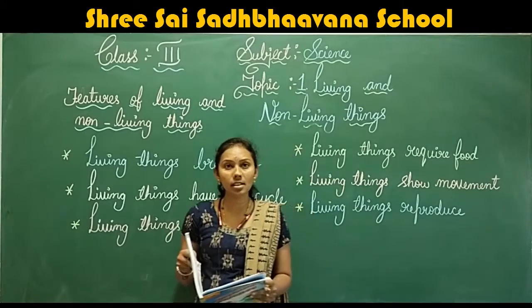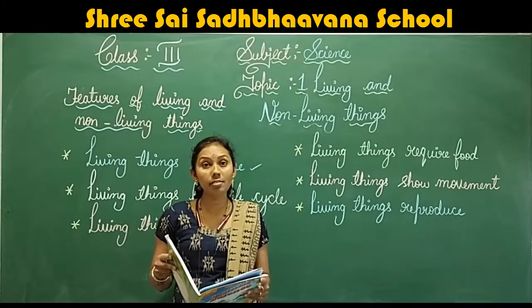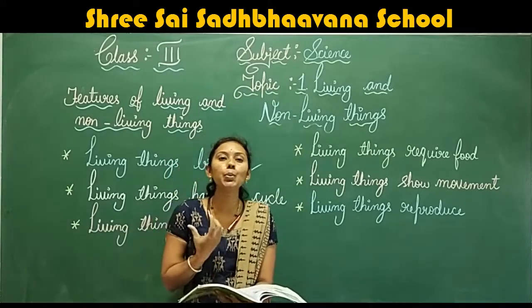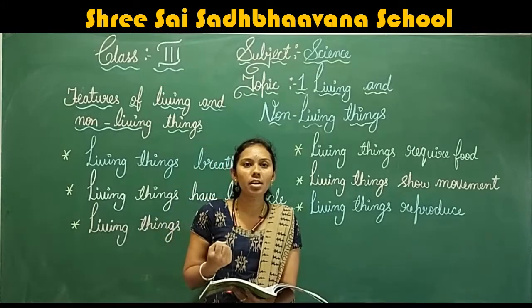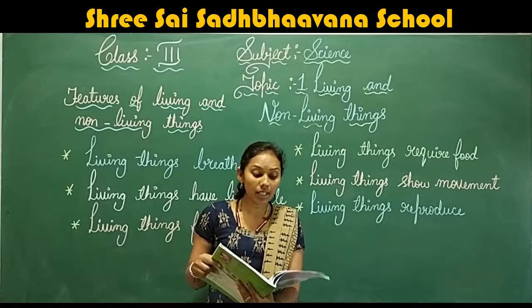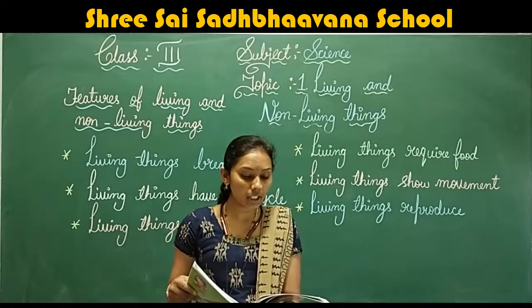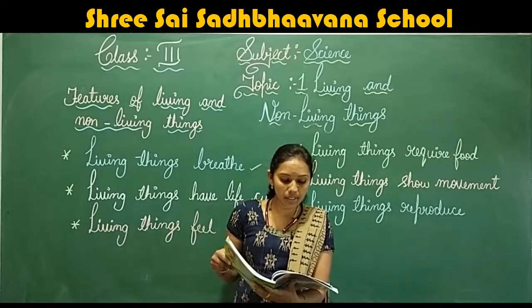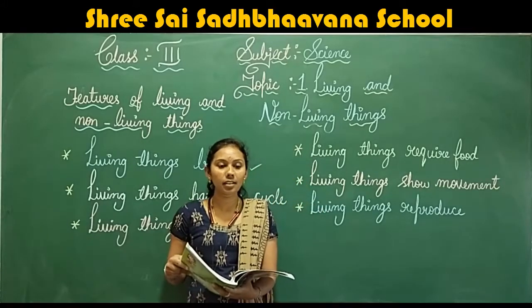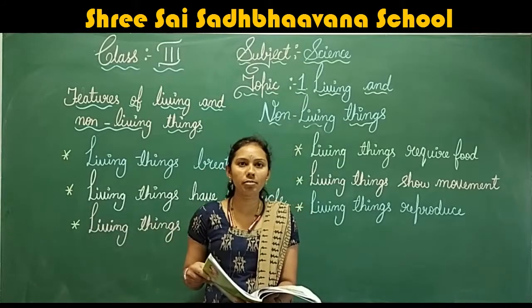In the autumn season, and the new flowers bear in spring. You can see the picture of a tree shedding leaves and birds flying. By this, we understood that plants also feel.